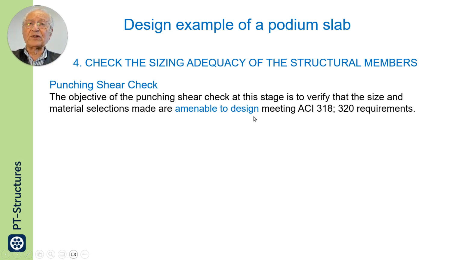We don't want to go through the calculation and halfway through, or toward the end, find out that the values we selected do not conclude to a code compliant design and we have to redo everything. This we want to avoid.